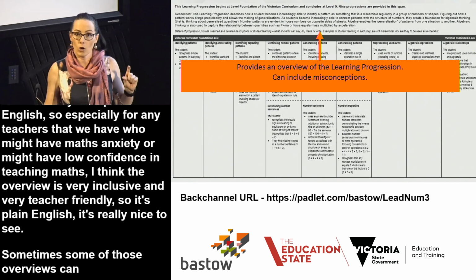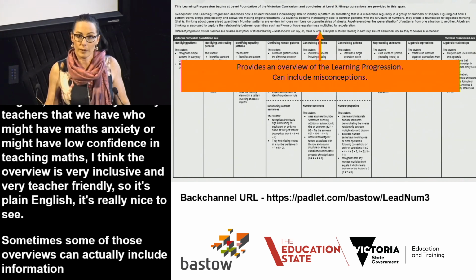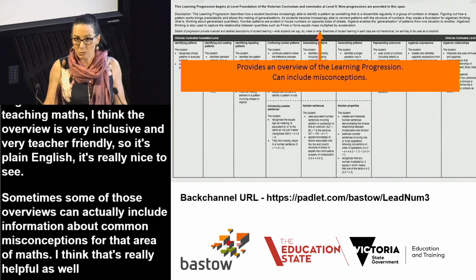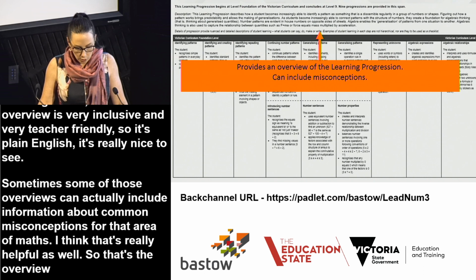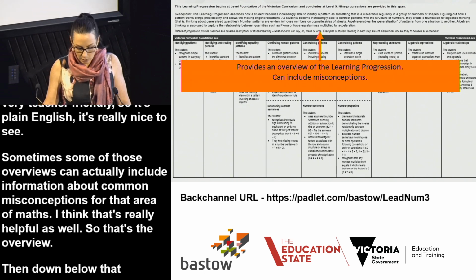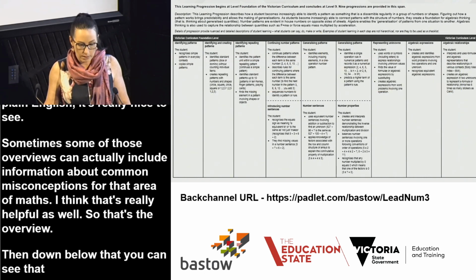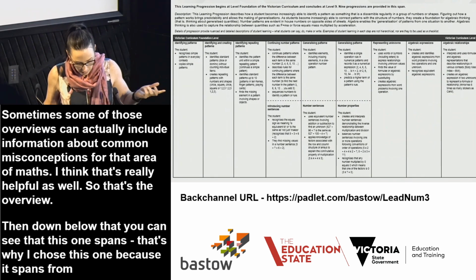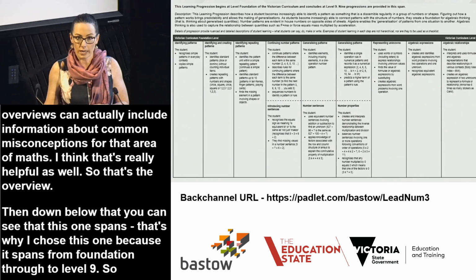Sometimes those overviews can actually include information about common misconceptions for that area of maths. I think that's really helpful as well. Then down below that, you can see that this one spans from foundation through to level 9, which is why I chose it.